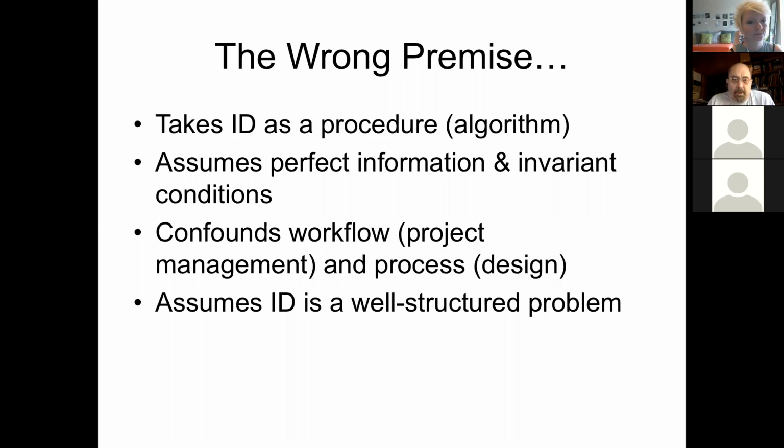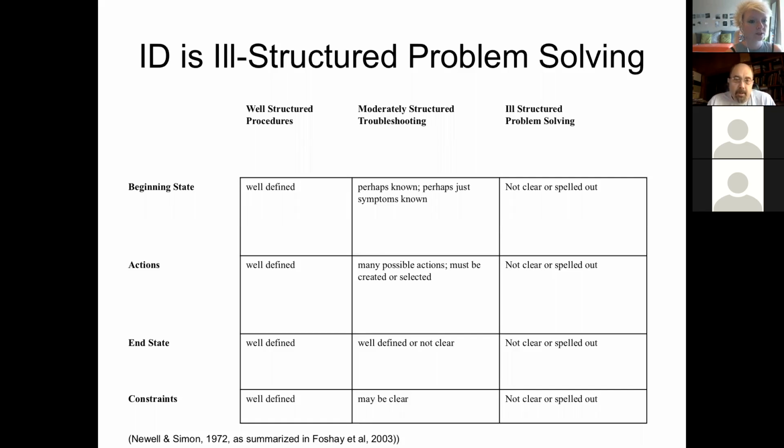In other words, the properties of a well-structured problem are like this. If you look at the left-hand column there, what we're doing is assuming that the beginning state of the problem is well-defined. We're assuming that the actions you take in response to that problem are well-defined. The end state is well-defined, and the constraints are well-defined. And if all those things are true, then the ADDIE project will go just fine.